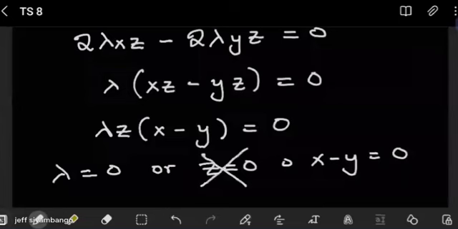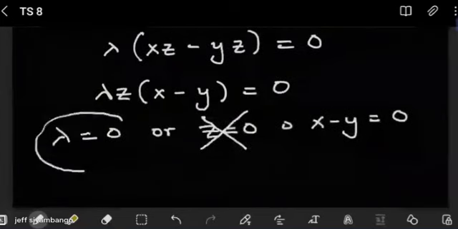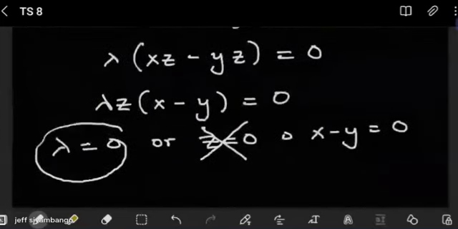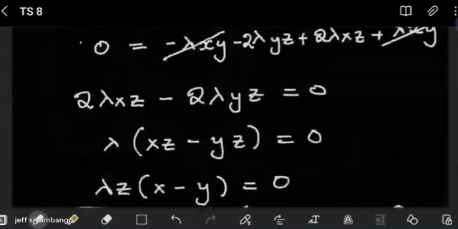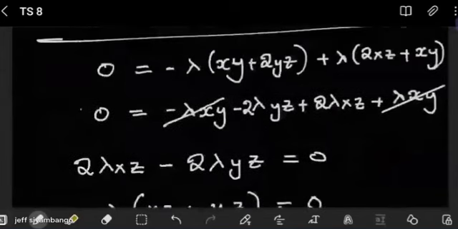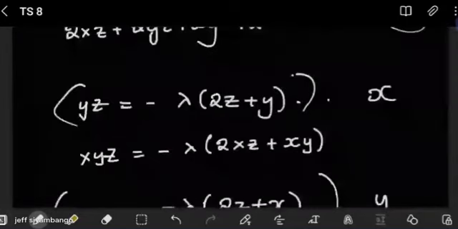So I hope that part is okay. And if we try to insert lambda equal to 0 into equation 1, let's see. Let's try. You have to see that lambda equal to 0 will also fail to work.